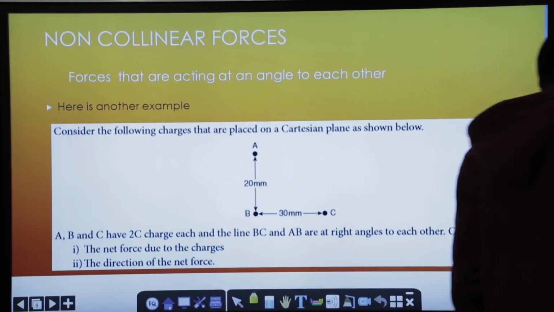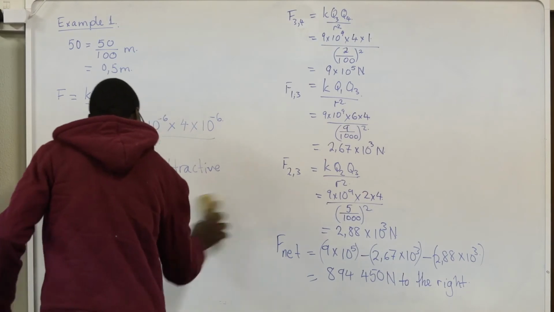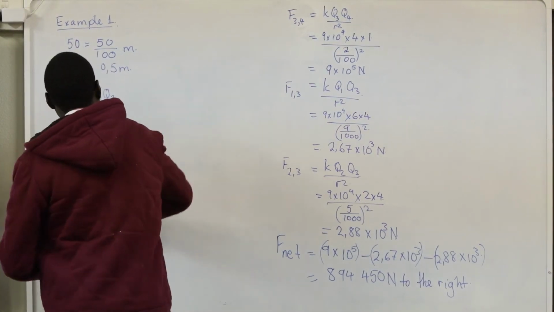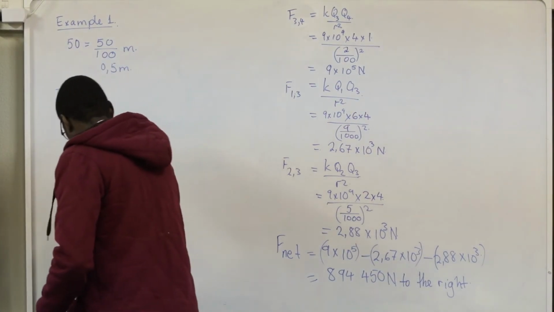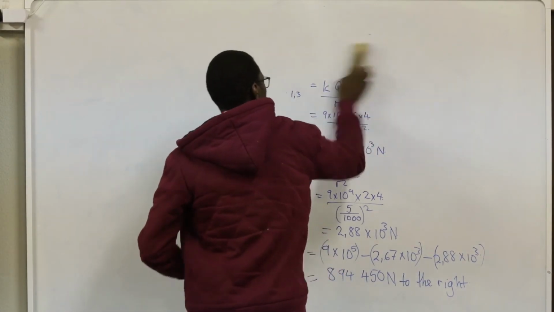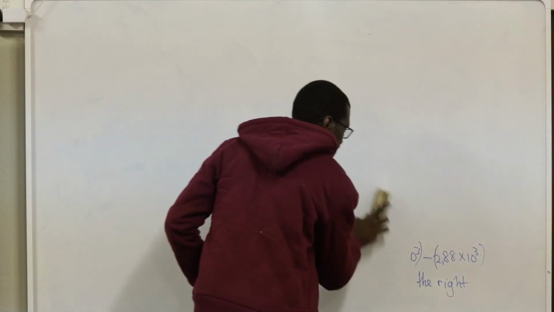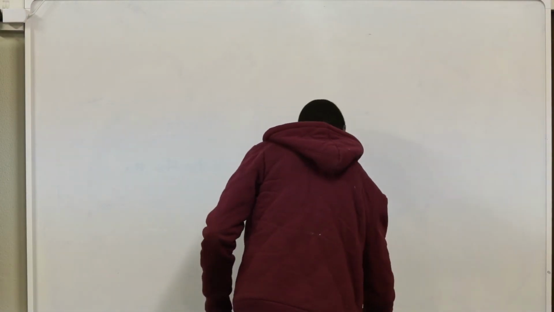Let's clear the board here and add another example of forces that are now not collinear. Let's call it example 3. I'm sure you're picking up the trend here of how we come up with these solutions.